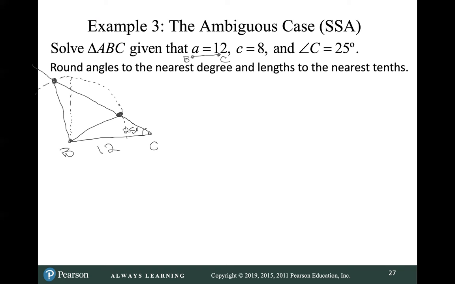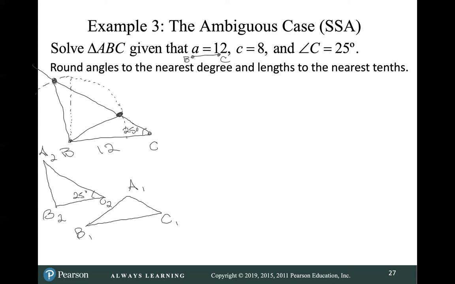Okay, so we're going to have 2 different triangles that we look at. Here is triangle ABC. We'll call this triangle 1. So A1, B1, C1. And then we also have the option of this obtuse triangle ABC, and we're going to call this triangle 2. Okay, we know that angle C is 25 degrees.